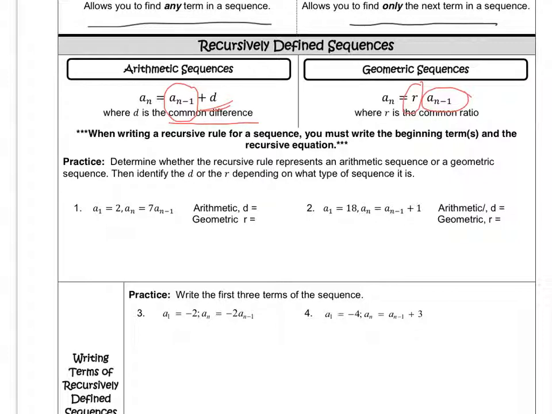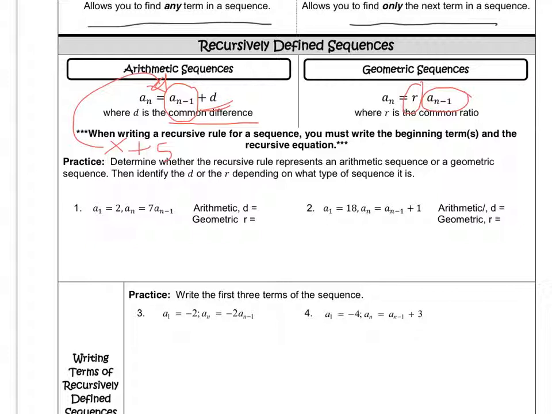So if you think about it, in an arithmetic sequence, we know that it's going to be plus a number. Let's say, for example, plus 5. If you've got an x, where do you normally put plus 5? Well, we would put it behind it: x plus 5, and that's really the way they're writing the recursive formula.